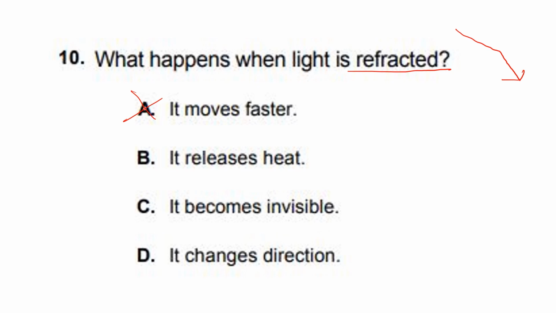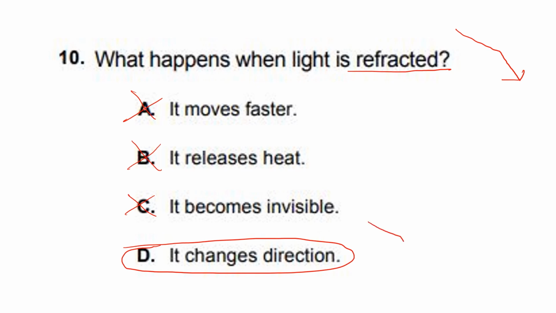B, it releases heat. Absolutely not. C, it becomes invisible. That's not true. And then D, it changes direction. So if you look at it, refraction causes the light wave to come in at one angle and then change direction as it bends slightly into another angle.